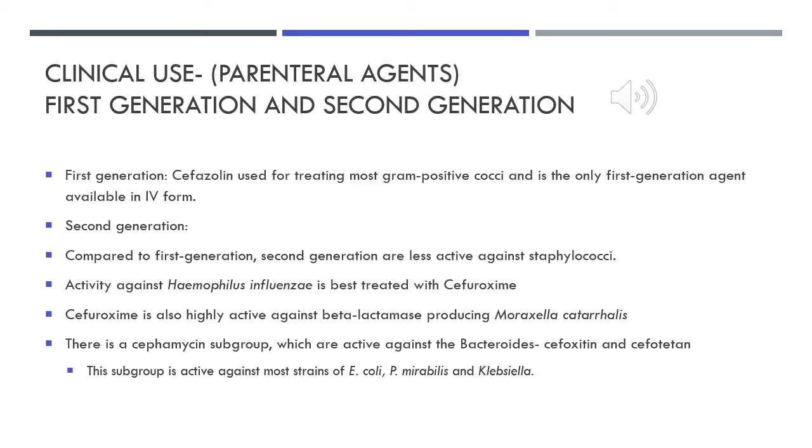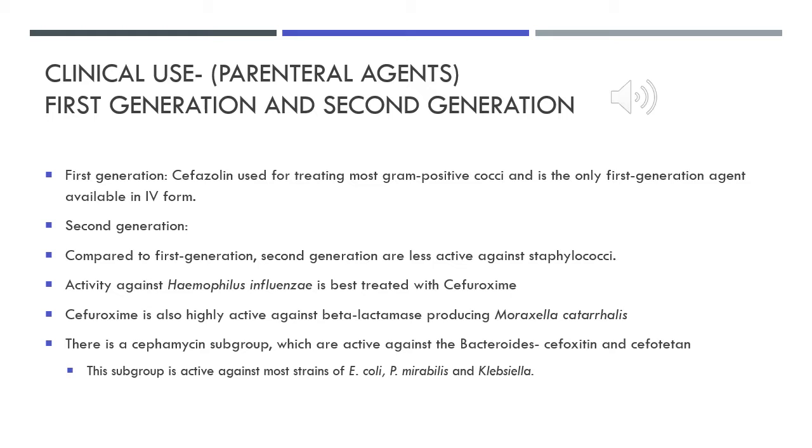So when we think about the parenteral agents and their clinical use in terms of these cephalosporins, I broke down first and second generation together on one slide because when we talk about first generation availability, cefazolin is all we have. And cefazolin is used for treating most gram-positive cocci. And again, it's the only first generation agent that we have available in IV form.